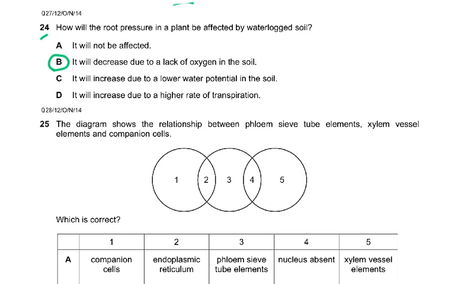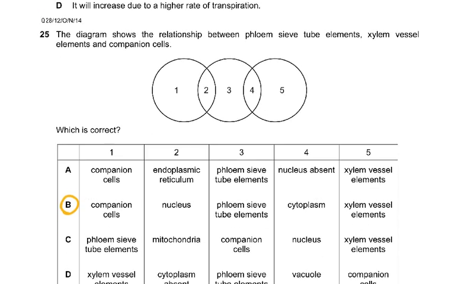Active secretion requires ATP from mitochondria, which in turn require oxygen to function efficiently. So root pressure would be affected because there will be no oxygen. Oxygen diffuses in through the air spaces in the soil, and if the soil is waterlogged, there's no air space at all, just water.